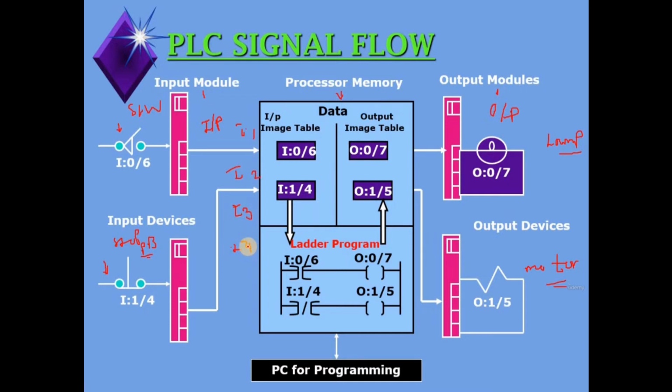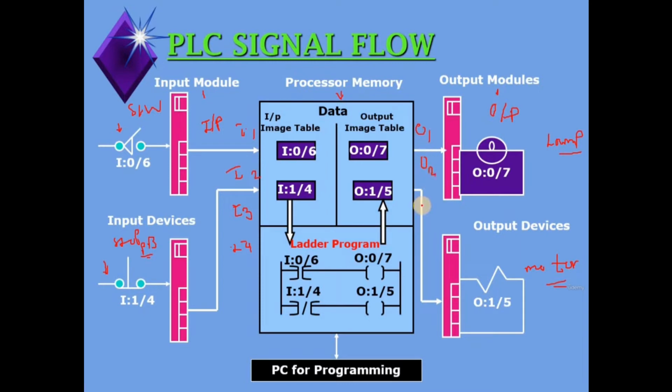Depending upon our application, we need to select the PLC. For example, if you require 8 inputs and 8 outputs to complete your project, then based on digital input output or analog input output, we need to select the PLC. And on the right side is the output.